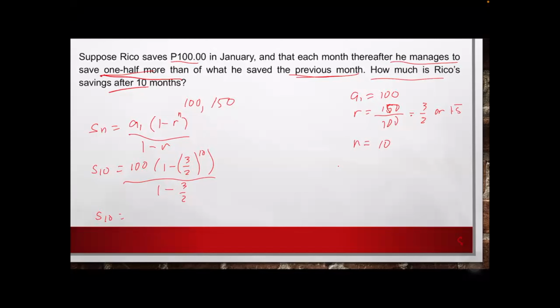Wala pa po. Okay. How about you, Miss Tias? May sagot ka na? 11,333 po. 11,333 point 0, dalawang 0 po. Ay, dalawang 0.01. 01.